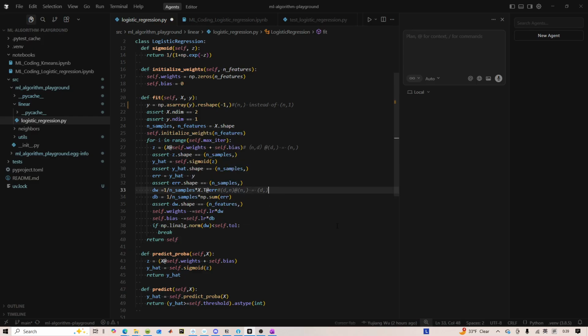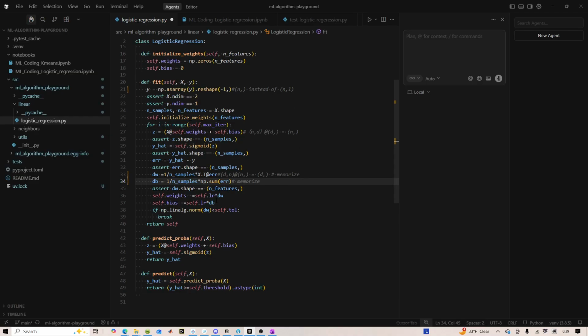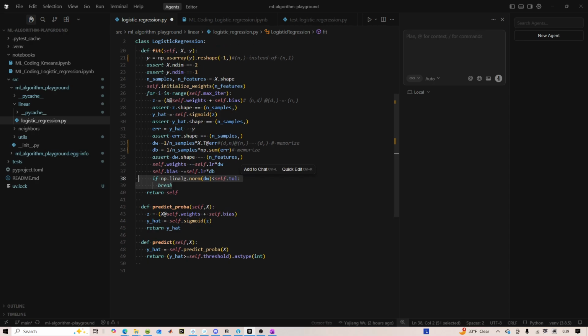I would say this you want to memorize for the interview. And then gradient descent, check for the stop criteria. We predict probability using the forward propagation equations, and then do the final prediction given the labels.